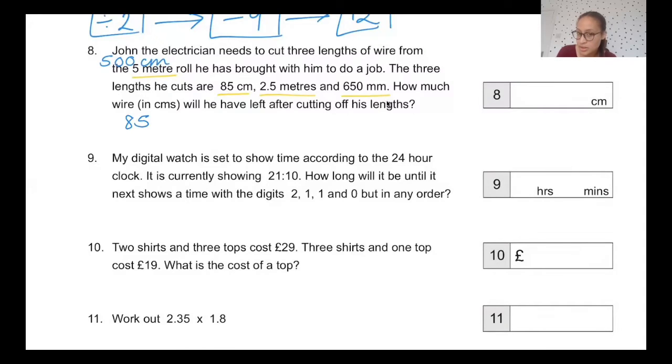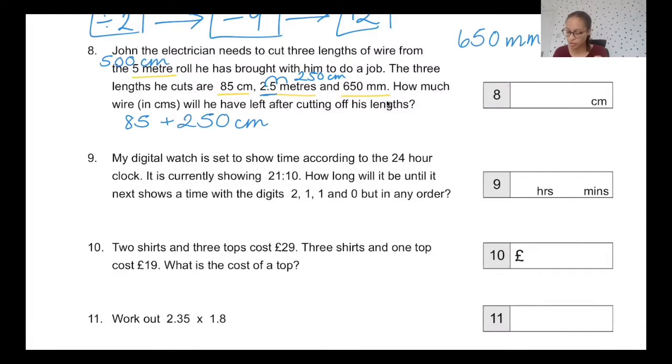2.5 meters, there are 100 centimetres in a metre. So we have to times this by 100, move the decimal point twice, we get 250 centimetres. And then there are 10 millimetres in a centimetre. So to convert 650 millimetres into centimetres, we divide by 10.